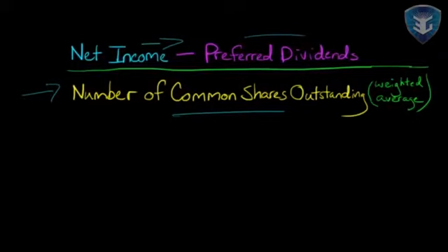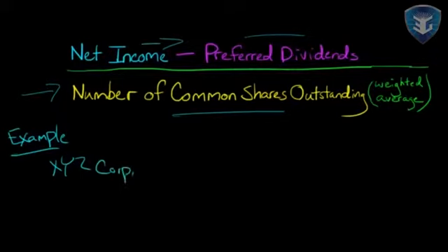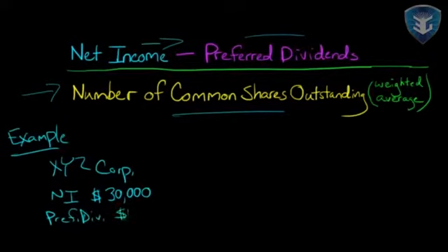It might be a little easier to understand with an example. Let's say that we have XYZ Corporation, and XYZ Corporation has net income of $30,000, and preferred dividends of $4,000, and then shares outstanding.